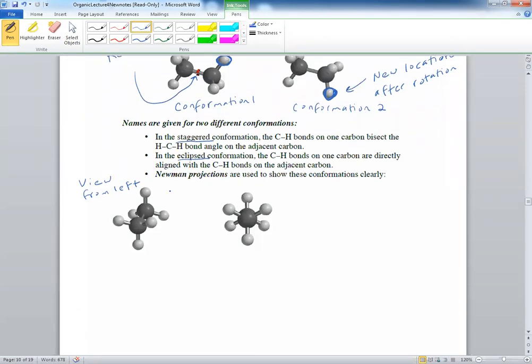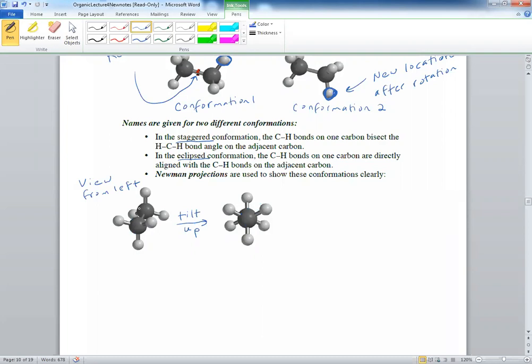And if we just do something very simple, if we kind of tilt this up, move this up, and you can imagine it in your mind, you will see that this carbon right there is the front one.